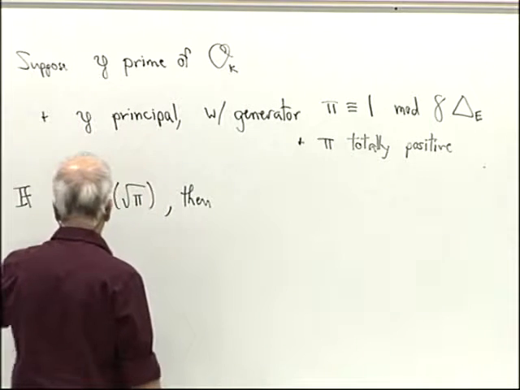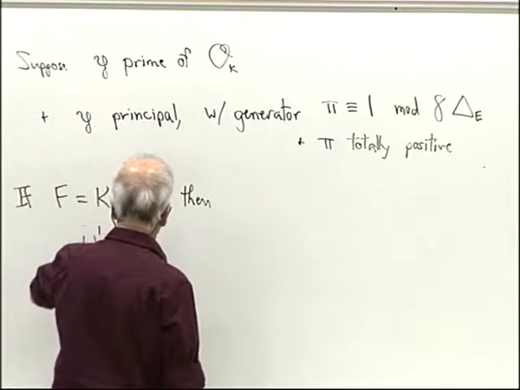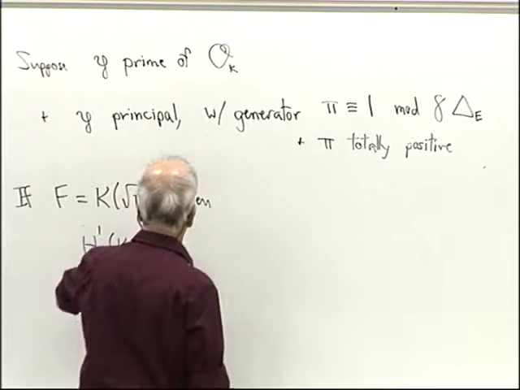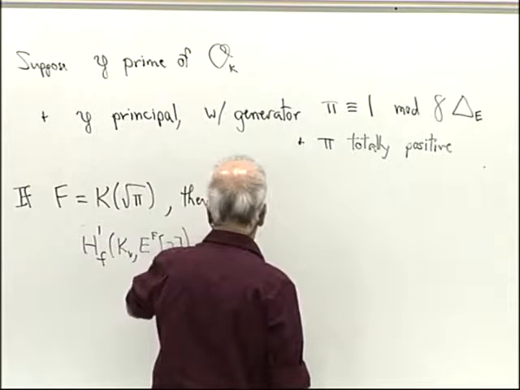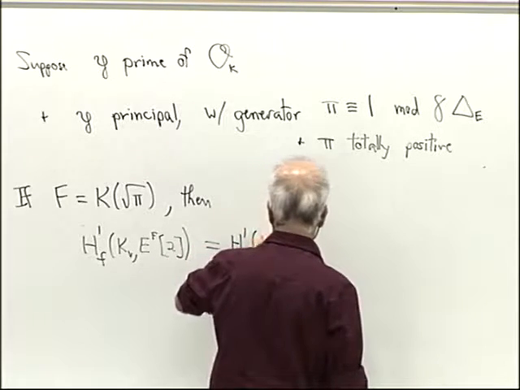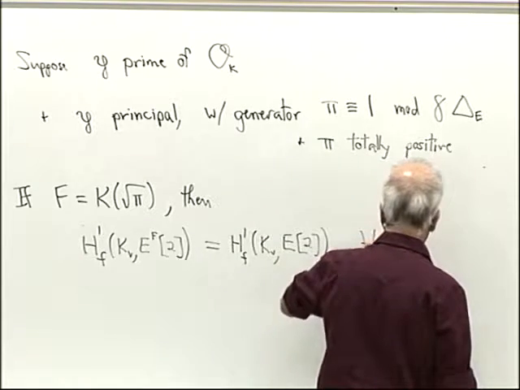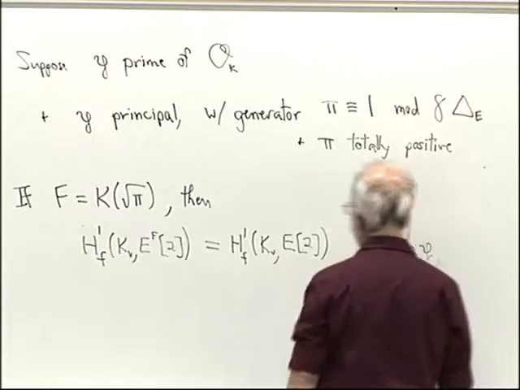So then H1_f(K_v, E_F[2]) is equal to H1_f(K_v, E[2]) for all v different from this place, P.